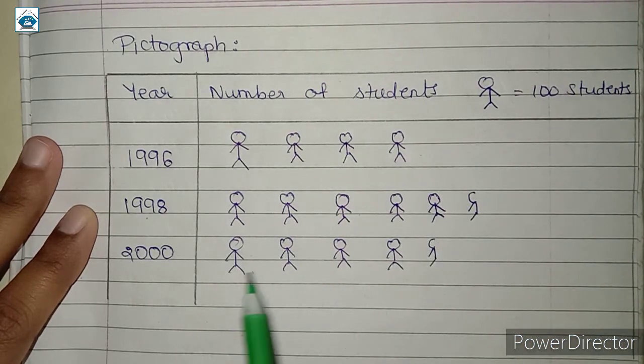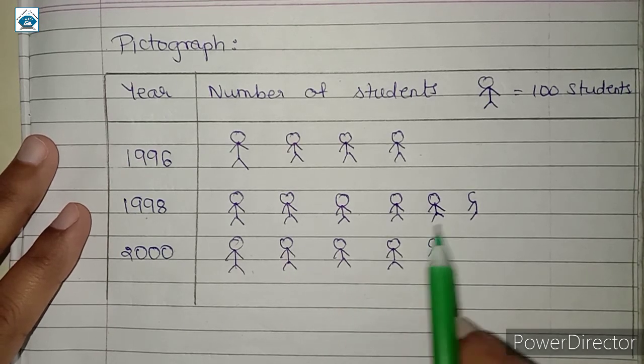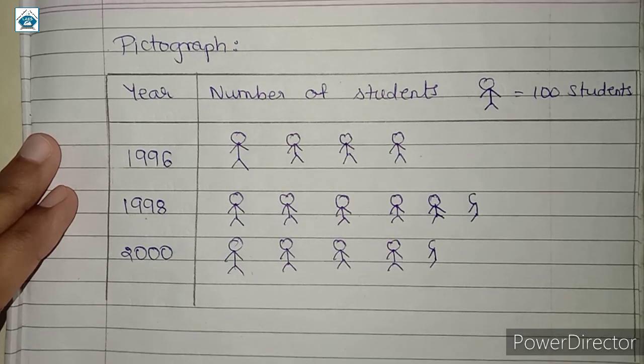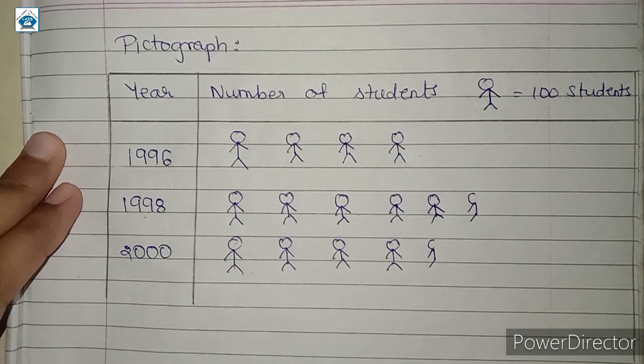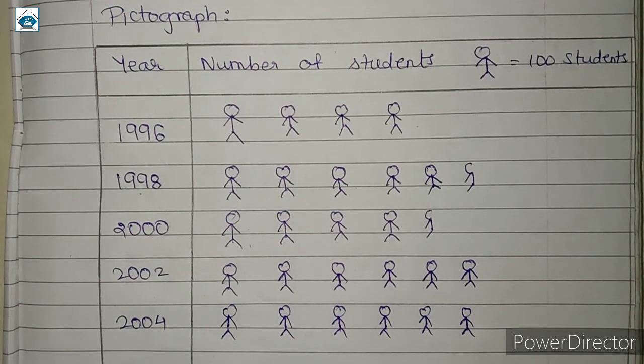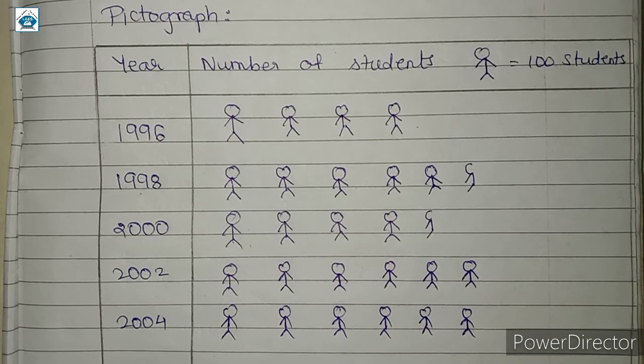So this represents 100 plus 100, that is 200, 300, 450. So 450. This was the number of students in the year 2000. In the same way, for the remaining years, we can represent the number of students using this symbol, and in this way, we will get the pictograph.